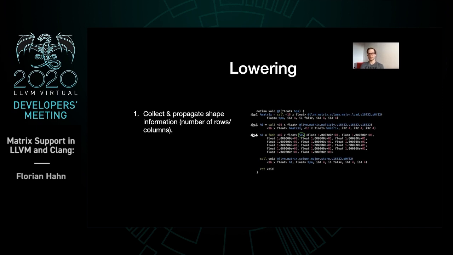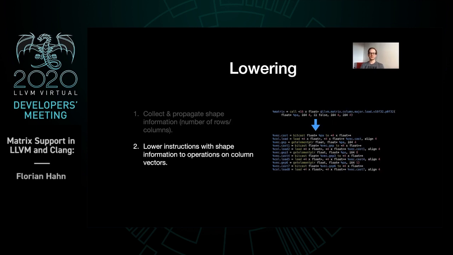So we mark our value 1 as also being a 4x4 matrix. And we continue that for all the instructions in a function. And once we have this information, we can start with lowering our instructions with shape information.